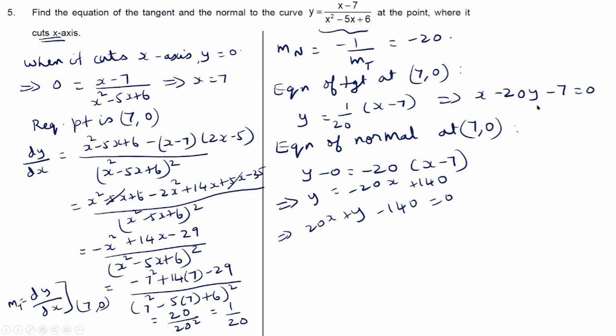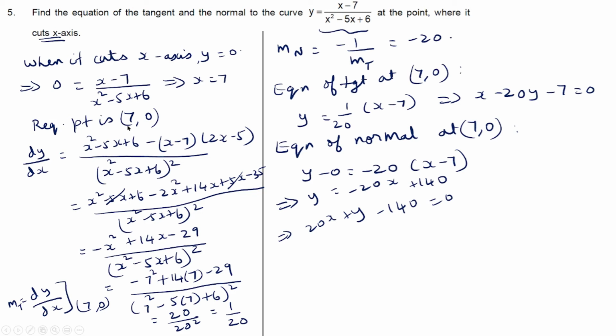Now this is the equation of the tangent and this is the equation of the normal. So here we have to find the equation of the tangent and normal to this curve at the point where it cuts the x-axis. When it cuts the x-axis, it means the y-coordinate will be 0. So using y-coordinate as 0, we can find the x-coordinate from the given curve. So we get x is equal to 7.